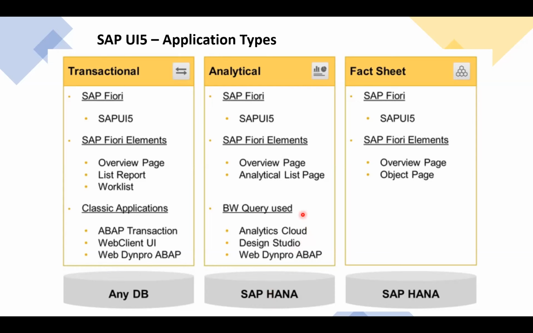Okay. So I think mostly we will be covering all these kinds of applications: overview page, analytical page, list report, and we try to create all types of applications, at least a simple application. We try to understand from the layouting point of view how they work. Again, they are not going to be code-based on the UI side.